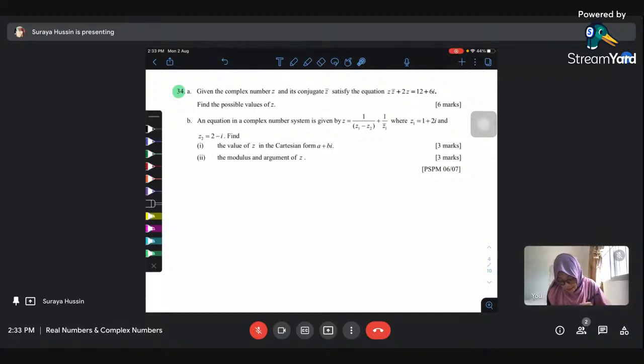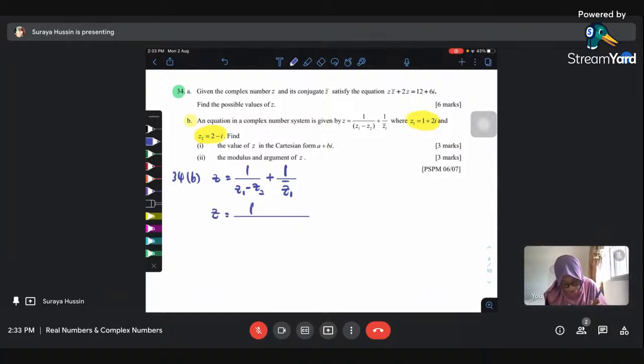34. Okay, jom kita masuk. Saya akan fokus pada B sahaja. Boleh ke? 34B. Sebab ramai orang PM saya menanya tentang B. So, I'll focus on B. So, I will sub in my Z1 and Z2 inside of the equation.